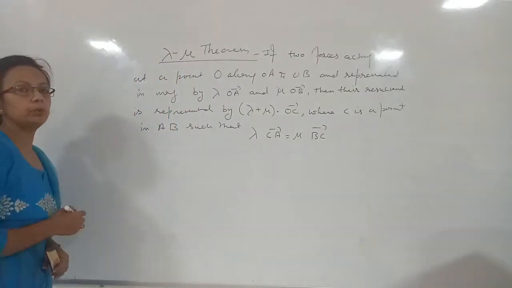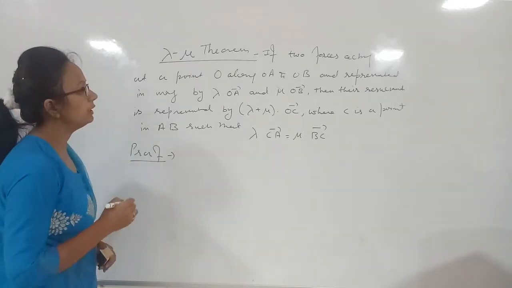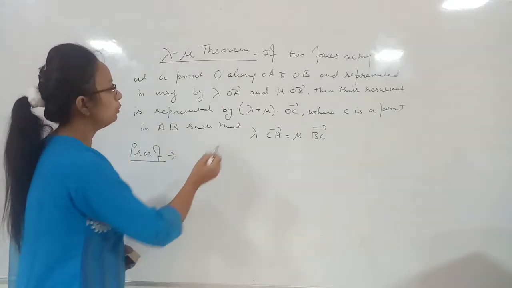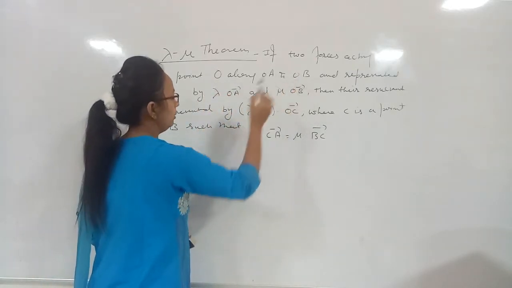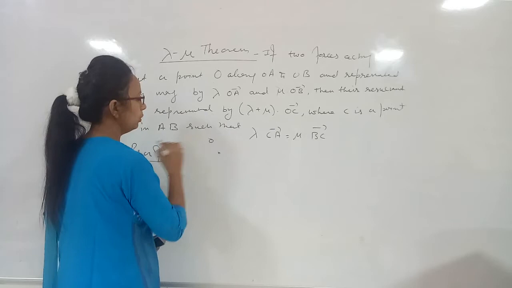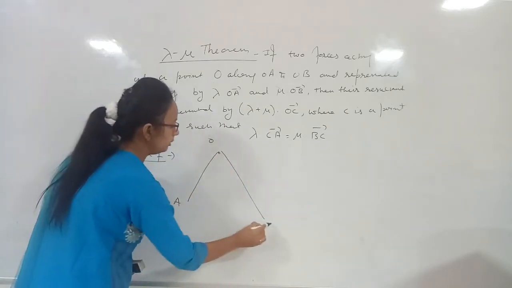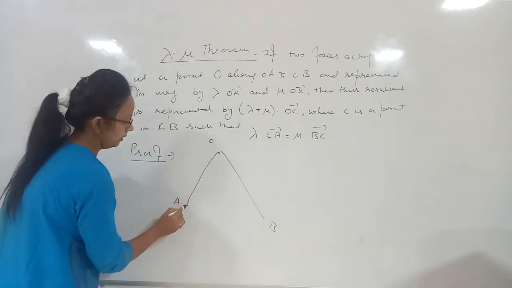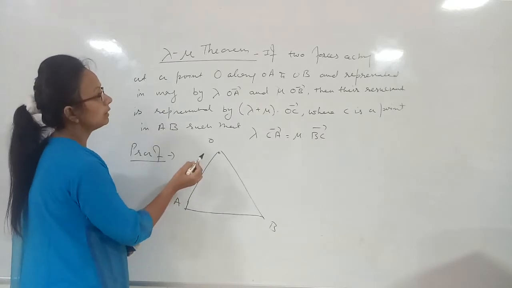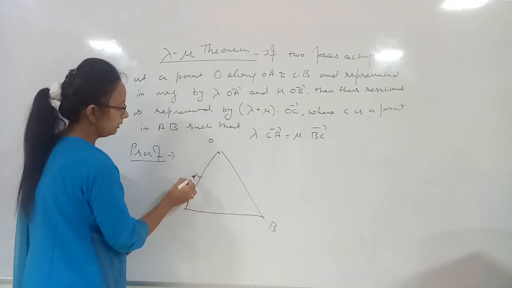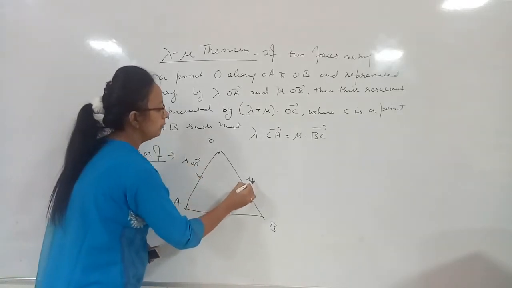So let us do its proof. For proof, first we will draw the figure. Now what is given? Two forces at point O along OA and OB. So this is point O, OA and OB, we will join AB. The forces are represented by lambda OA and mu OB.